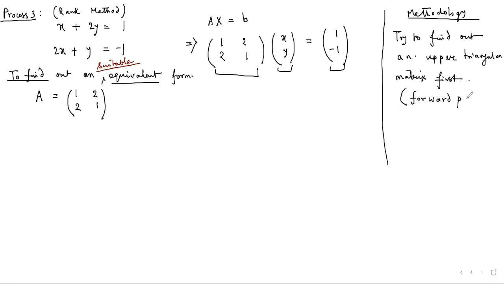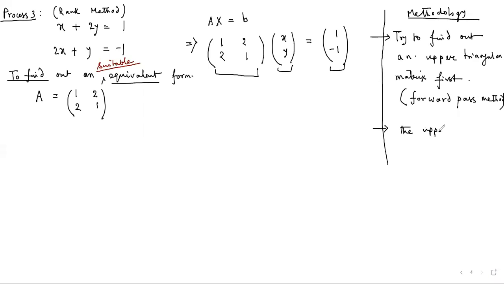Forward pass method, with some sort of row operation and column operation. And the second stage that I'm going to apply is the following.